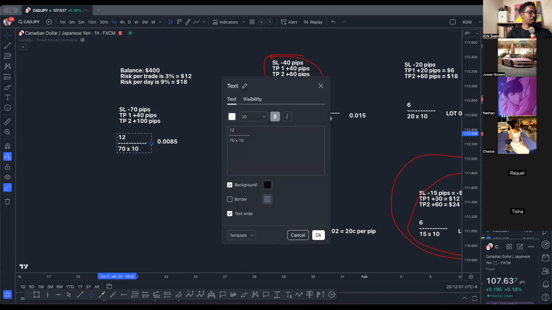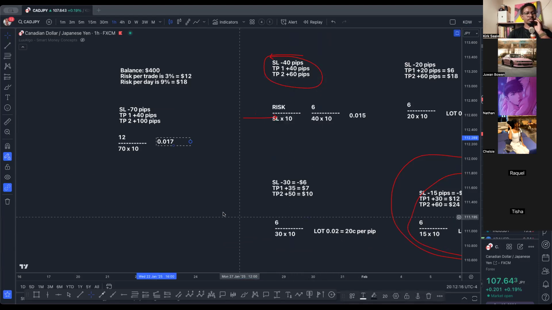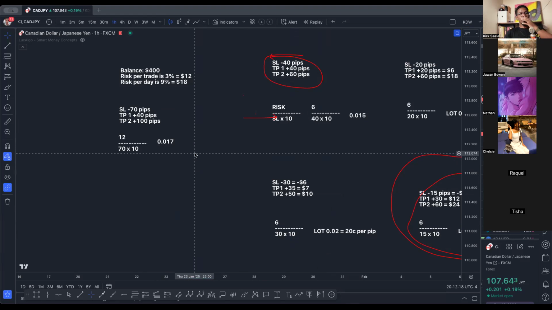All right. This then gives us 0.017. Yeah. So by having a bigger balance, we then have more risk. Having more risk means that we can have a stop loss that's bigger, right?